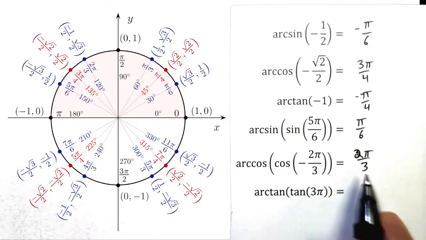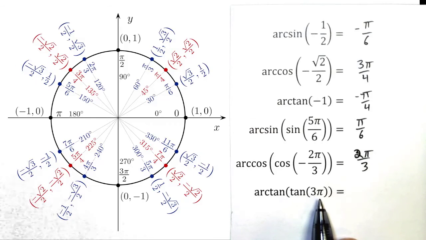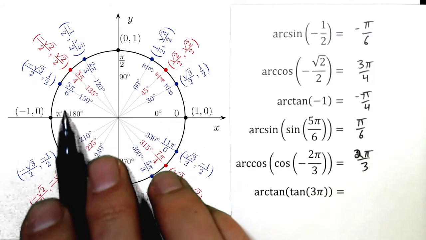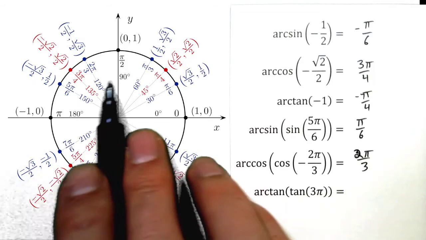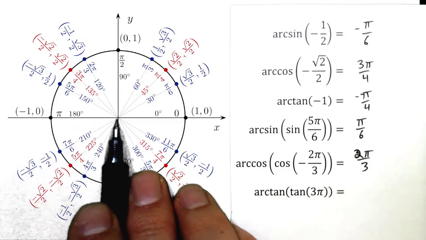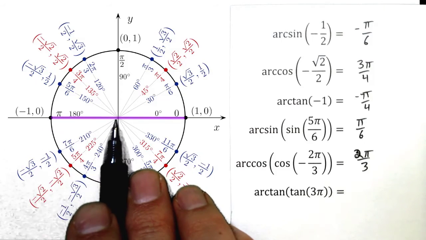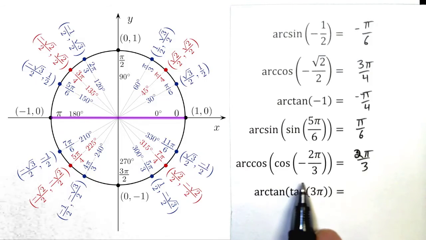And finally, arctan of tangent of 3 pi. Well, where's 3 pi put us? Well, we go 1 pi, 2 pi, 3 pi, puts us over here. What's tangent? It's the slope of this line. The slope of this line is 0, right? So tangent of 3 pi is 0.